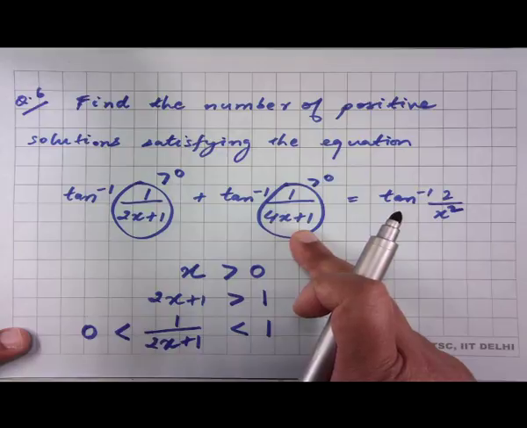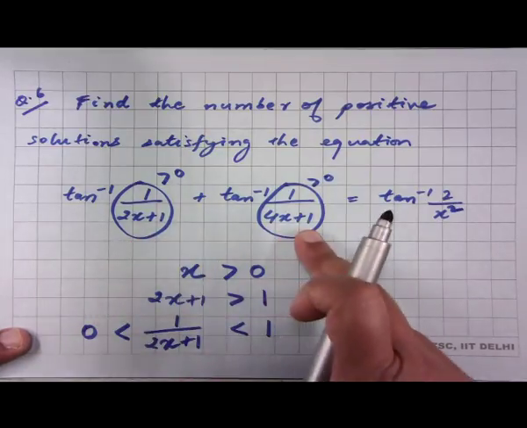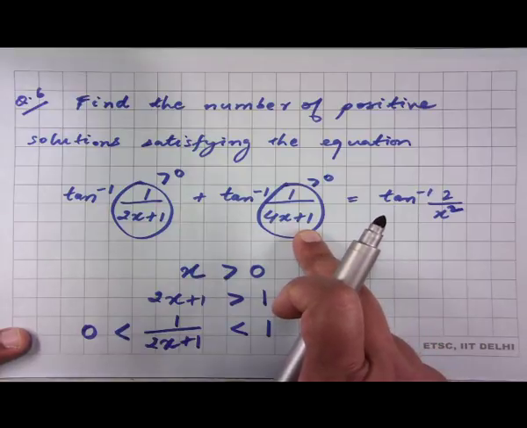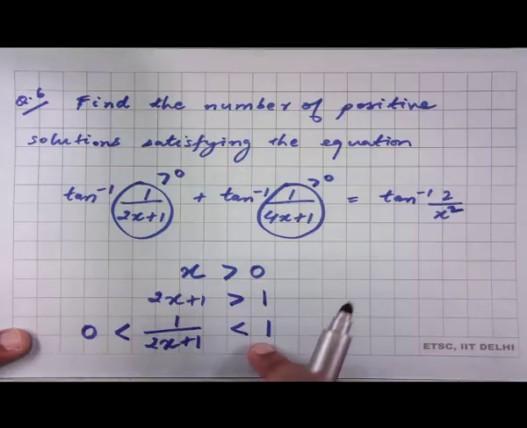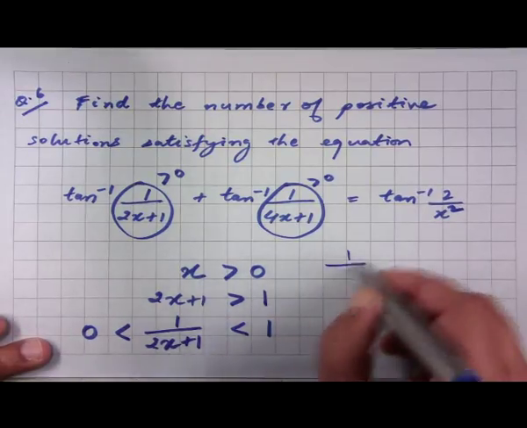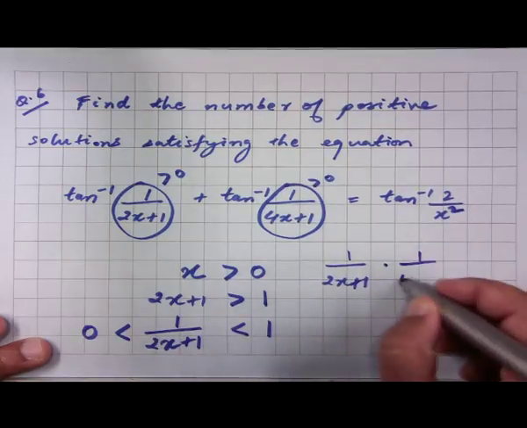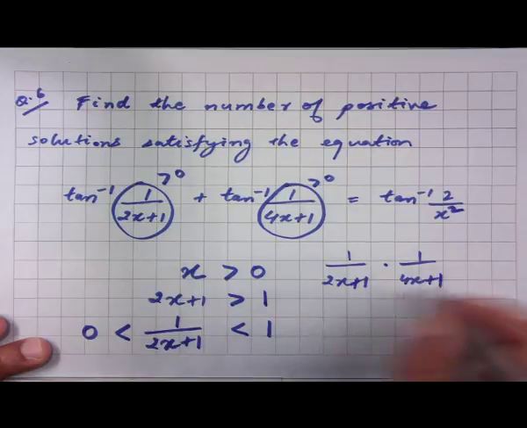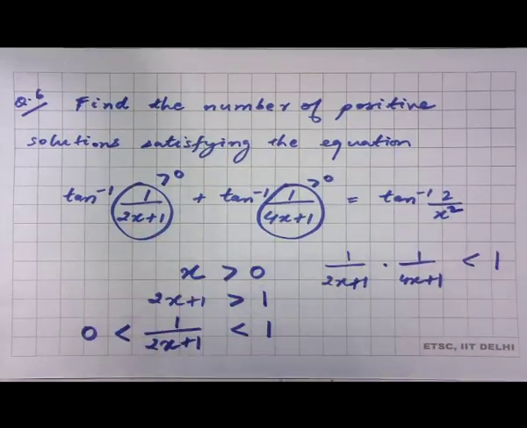So both 1 by 2x plus 1 and 1 by 4x plus 1 lie between 0 and 1, and therefore it follows that the product of 1 by 2x plus 1 times 1 by 4x plus 1 has to be also less than 1, because both of them are less than 1.